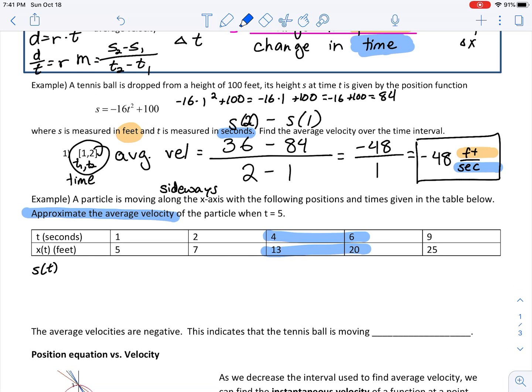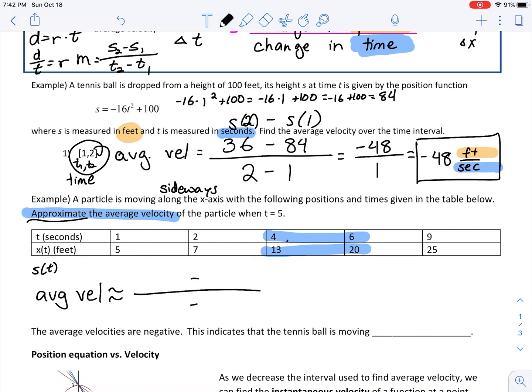Okay, so we are going to do some subtraction in here on top and bottom. Let's do it. Average velocity is going to be about, because we are approximating, a fraction. We are finding a slope.